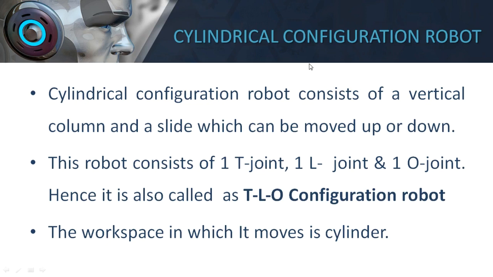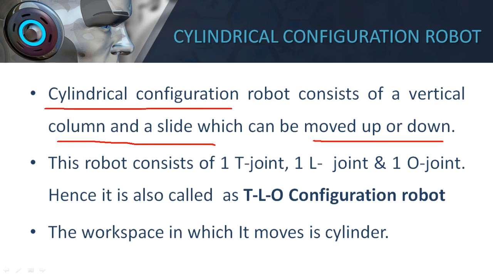So the cylindrical configuration robot consists of a vertical column and a slide which can be moved up or down. As the name itself suggests, it has a work volume which is in the form of a cylinder. That means it can move up and down, and it can reach to the farthest point, say for example, 10 centimeter from a center.